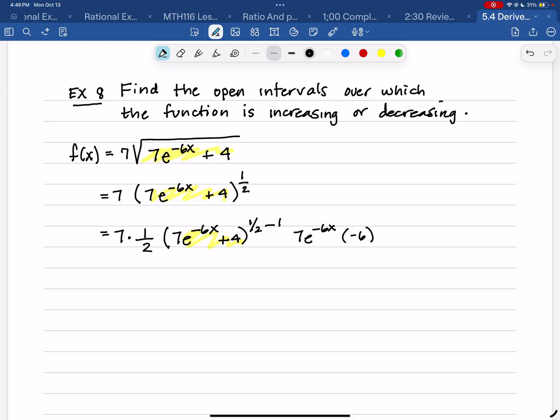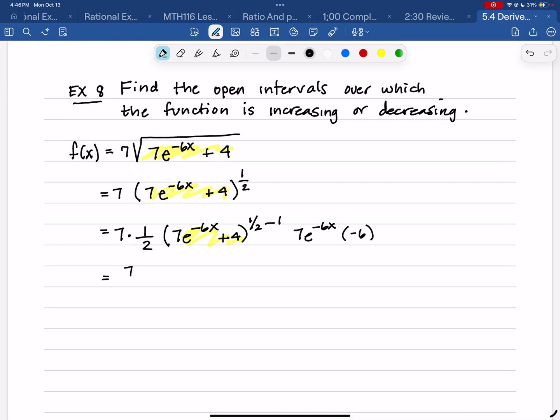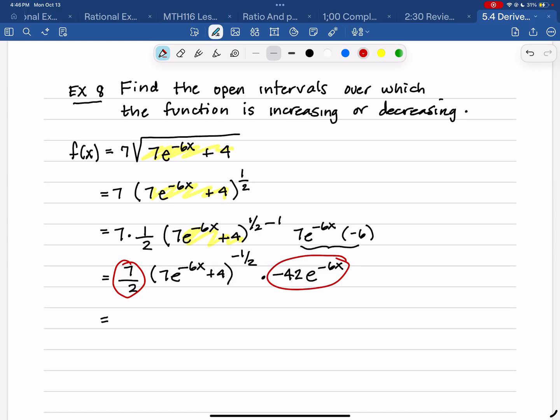Okay, so we've got a lot of cleanup to do here. 7 over 2, 7e to the negative 6x plus 4 to the negative 1/2, times all of this, negative 42e to the negative 6x. So let's get these monomials to the front.